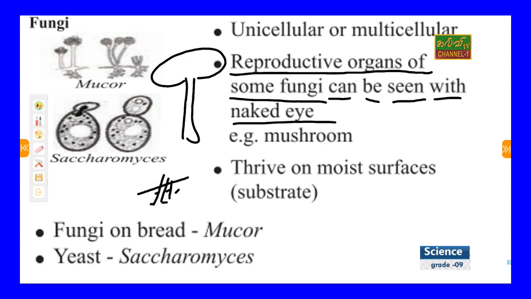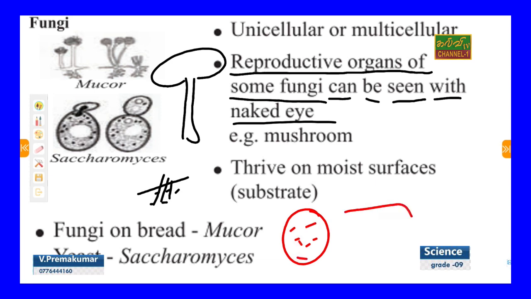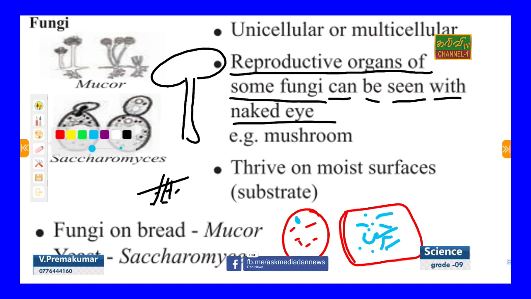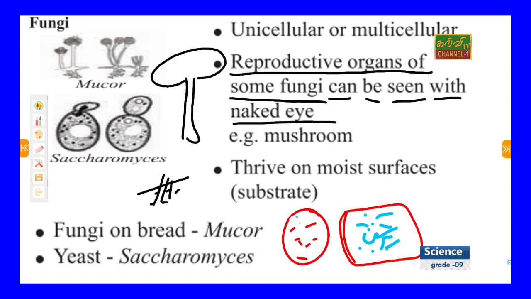You know, biscuit and bread. Consider the biscuit. This is biscuit, right? And this is bread. Which one is going to spoil quickly? Actually, the spoilage is found on the bread, not the biscuit. Why? Biscuit has no water, no moist surface, right?